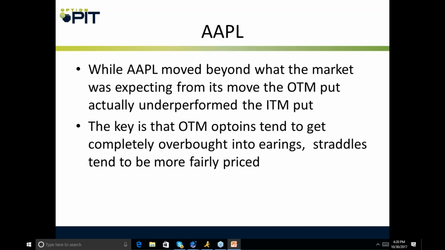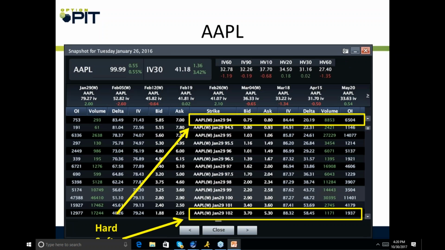So the Apple moved beyond where the market was expecting. All right, so let's take a look. It's trading 99.99, so that's basically 100. If the market thinks 295 and 285, what is 285 plus 295? $5.80.